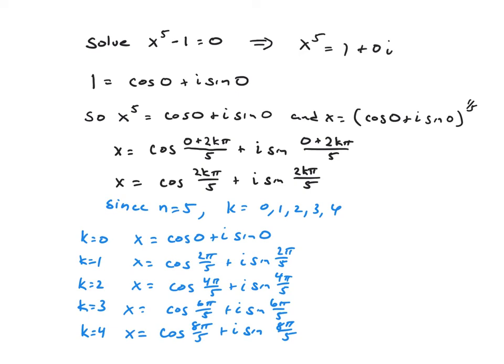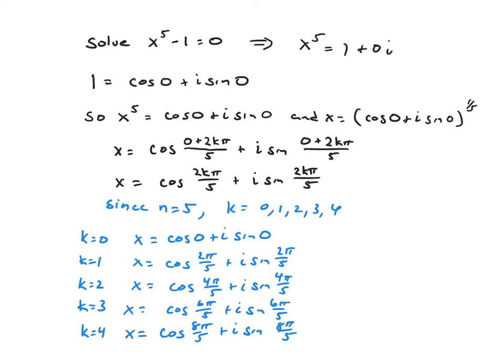So now this problem has been changed to x to the 5th equals cosine of 0 plus I sine of 0. So I know x is equal to the cosine of 0 plus I sine of 0 to the 1/5 power. The magnitude on this is 1, so I don't have to worry about that; 1 to the 1/5 is 1.